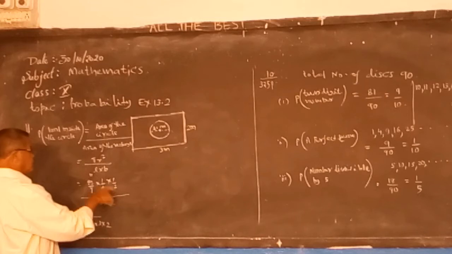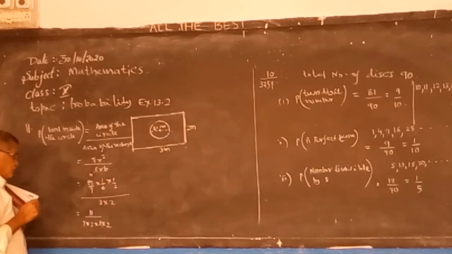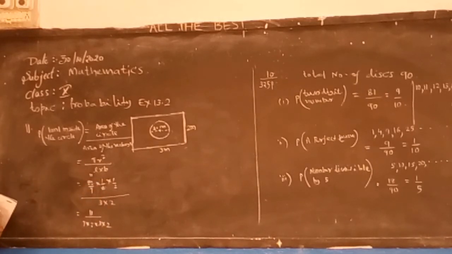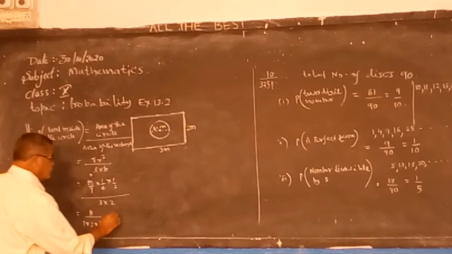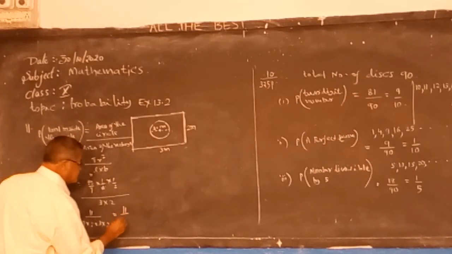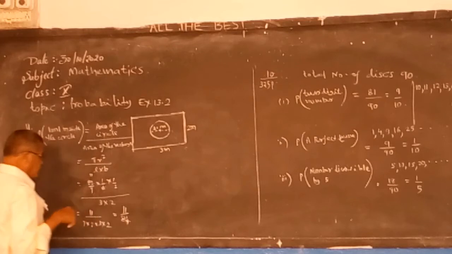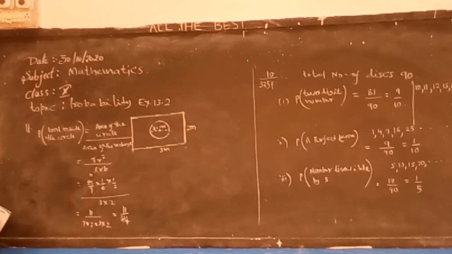The product of the denominator is 84. So this is the answer: the probability is 11 by 84. Yes, that's all.